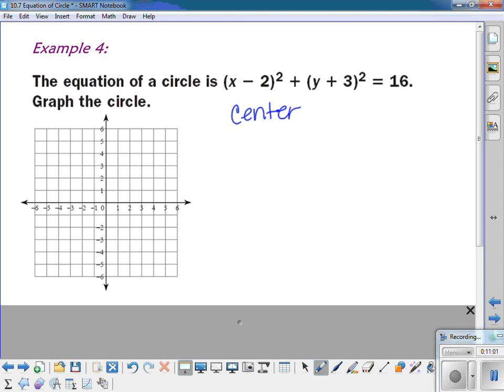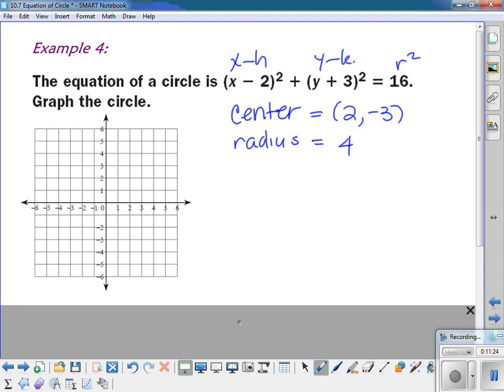So the center on this one, it's a positive 2 and a negative 3, because remember it had to be x minus h and y minus k. So h is a positive 2, k had to have been a negative 3, and then of course this is our r squared, so radius is the square root of 16, or 4.